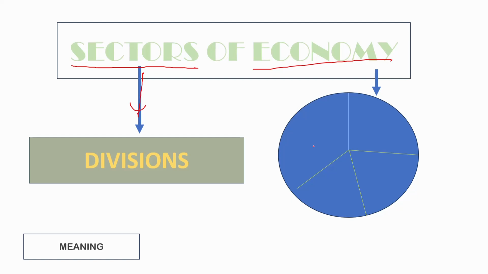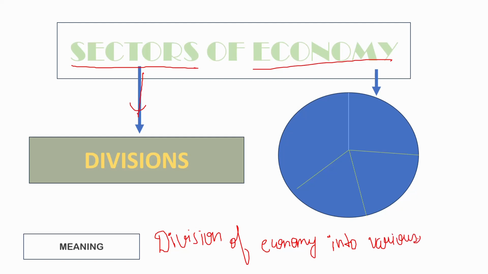That means people work in different sectors for earning their money. So the basic meaning of sectors of economy is the division of economy into various sectors.